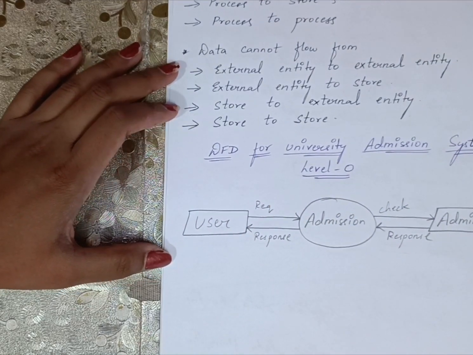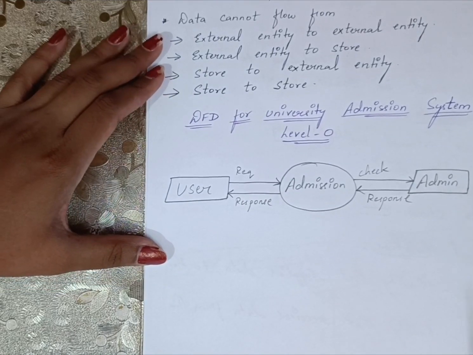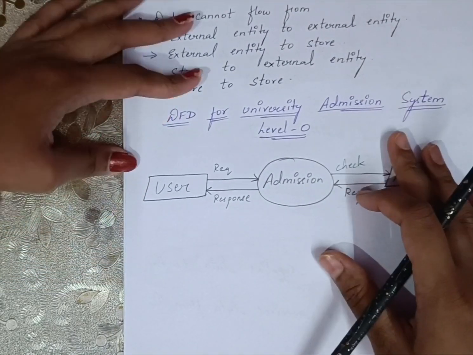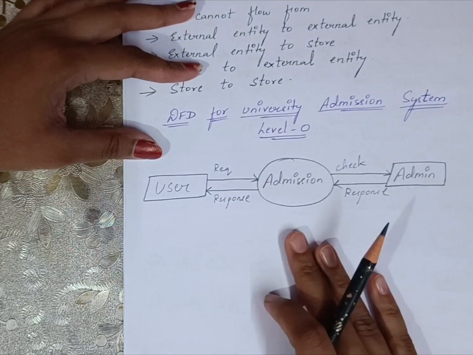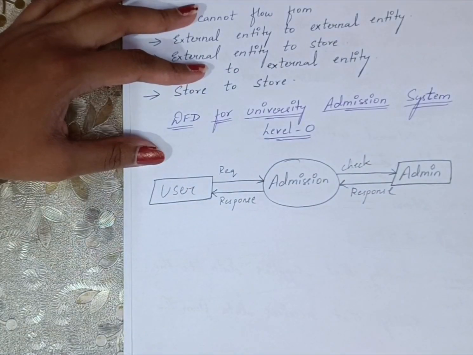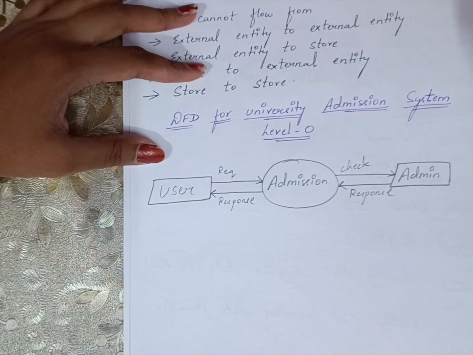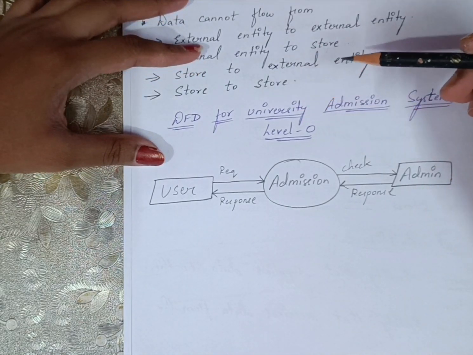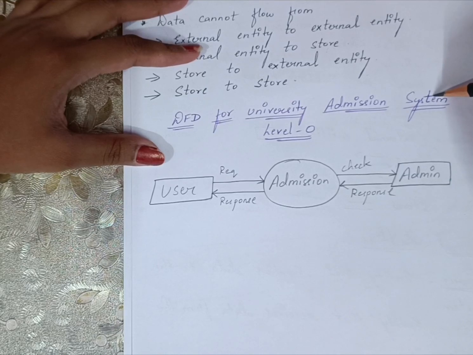And then this is one simple example we have here. This is the example for level 0 DFD. There are basically 3 levels, 4 levels actually, but here you have 3 levels. So DFD for university admission system, very simple.